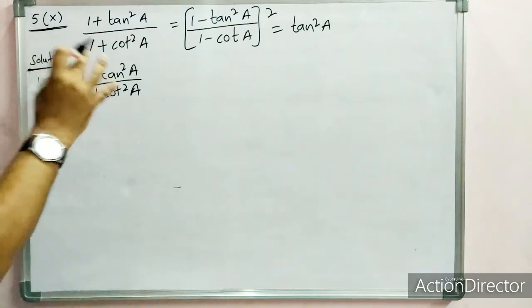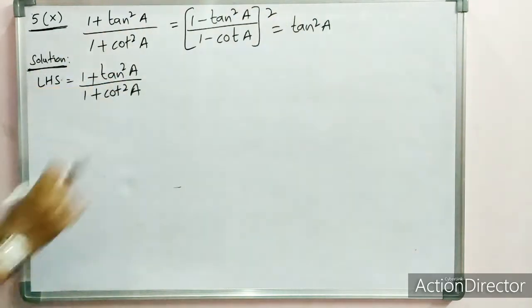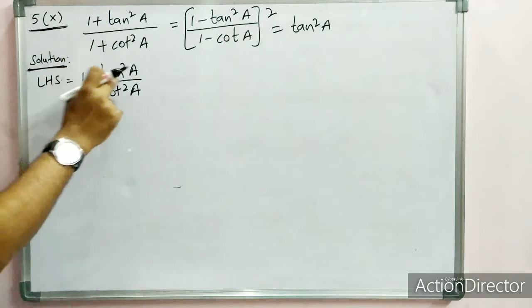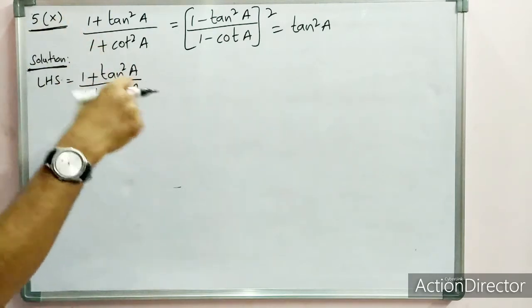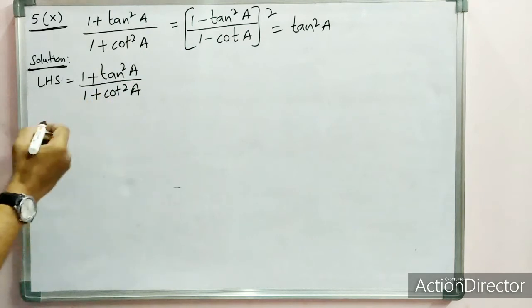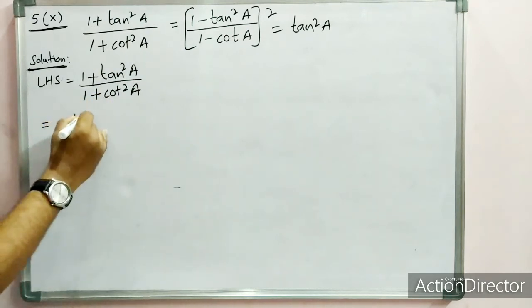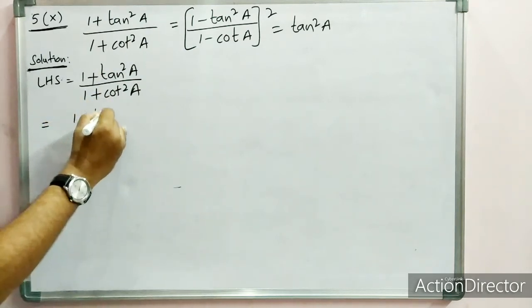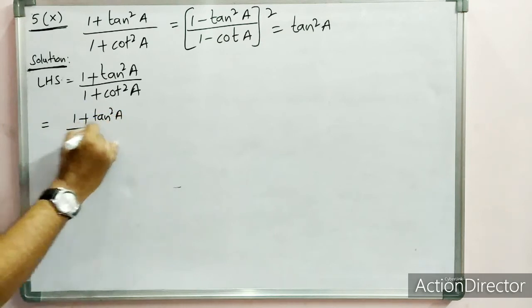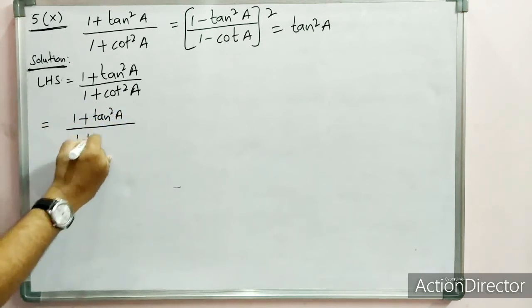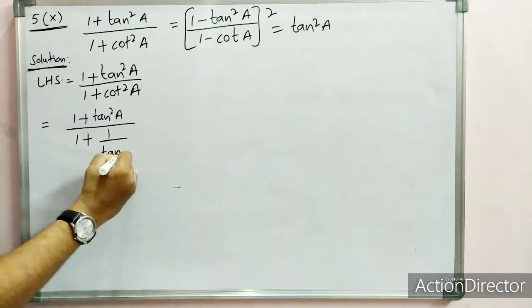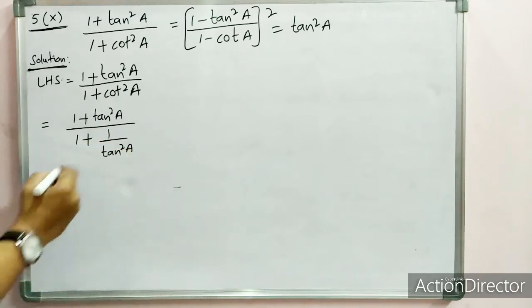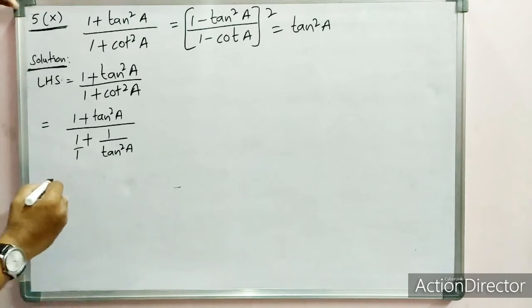Now you see the answer is in terms of tan. Here this is 1 plus tan square, no problem, we keep it as it is. Cot you convert into tan. Cot is equal to 1 by tan. Therefore I can write this as 1 plus tan square A by (1 plus 1 by tan square A). Now take the LCM of this one.